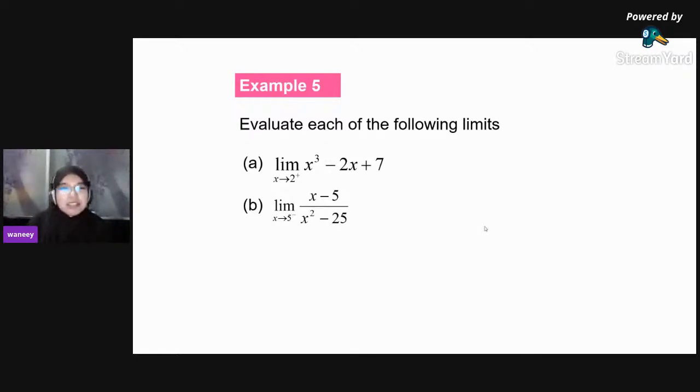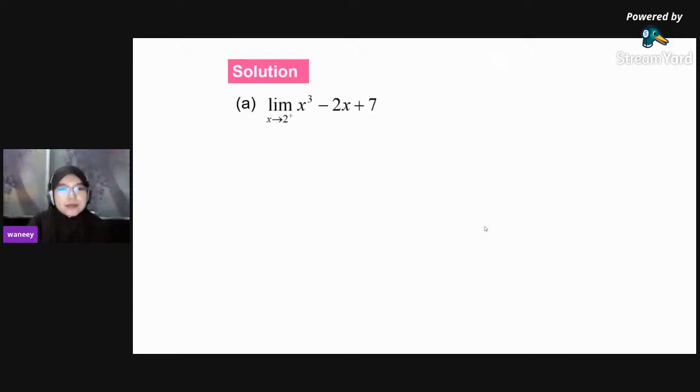Okay, so now let us evaluate each of the following limits. Let us check. The limit as x approaches 2 from the right hand side for x cubed minus 2x plus 7.